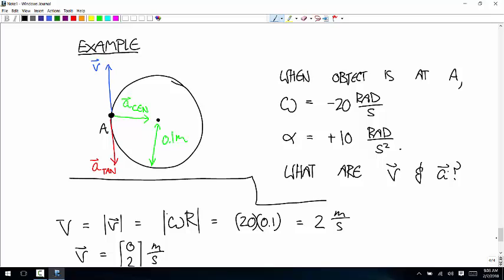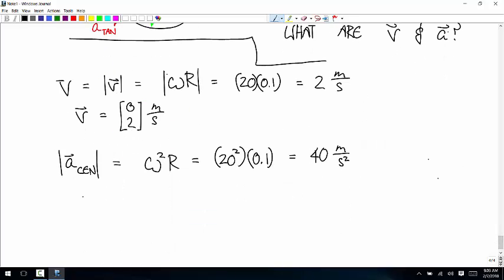It's speeding up if omega and alpha have the same sign, and it's slowing down if they have opposite signs. Okay, so we know that the magnitude of the centripetal acceleration is 40. I'm sorry, I'm doing the wrong one.